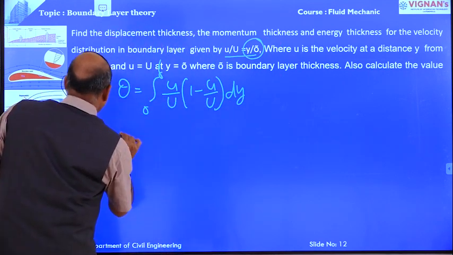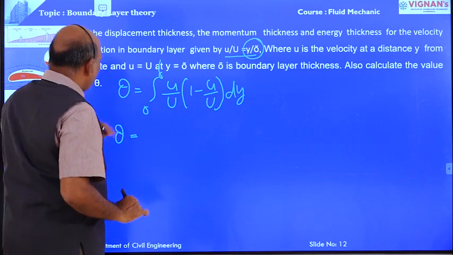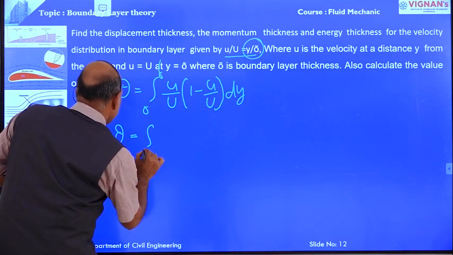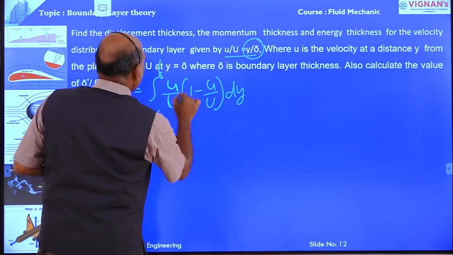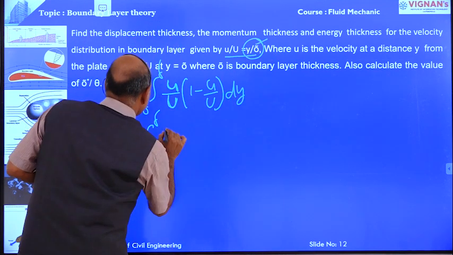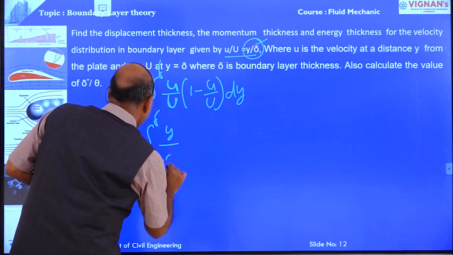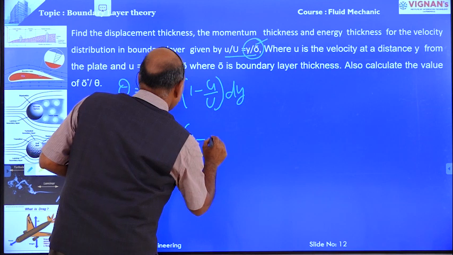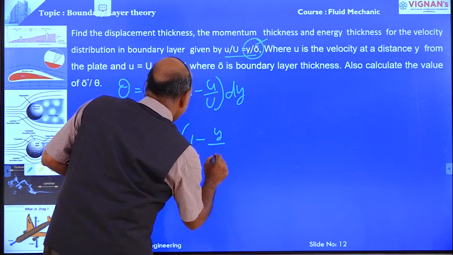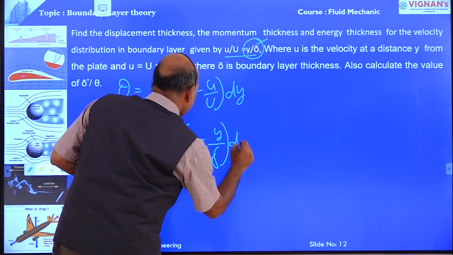Therefore, momentum thickness is equal to integral 0 to delta. In place of small u by capital U, we take y divided by delta, bracket begin, 1 minus y divided by delta, dy.